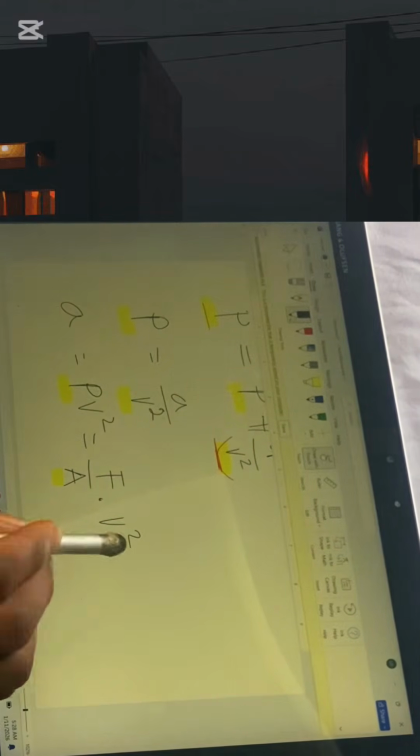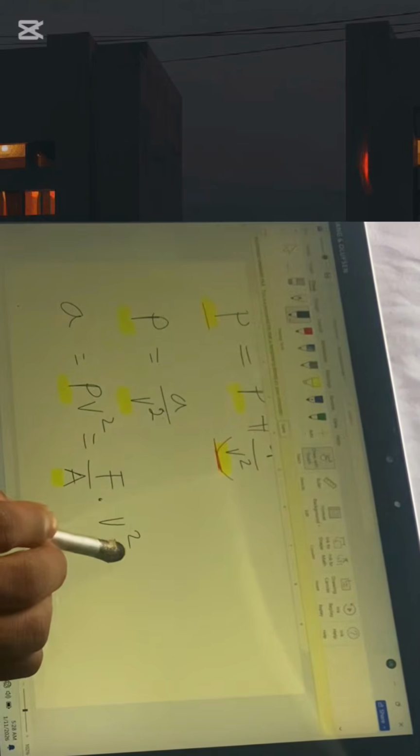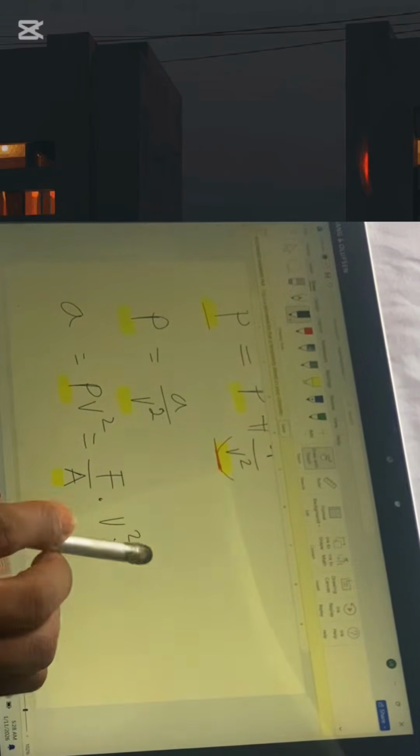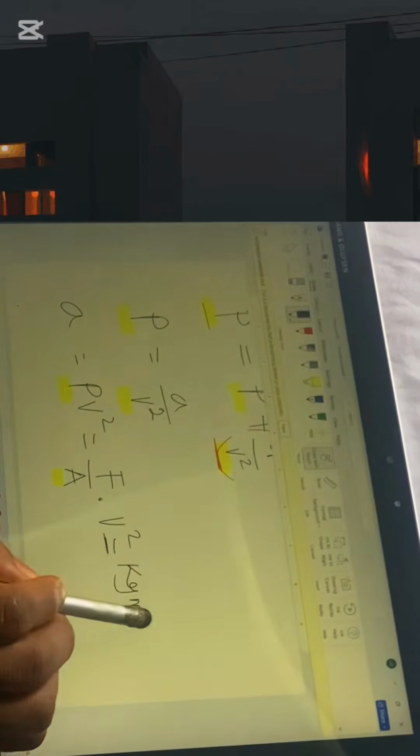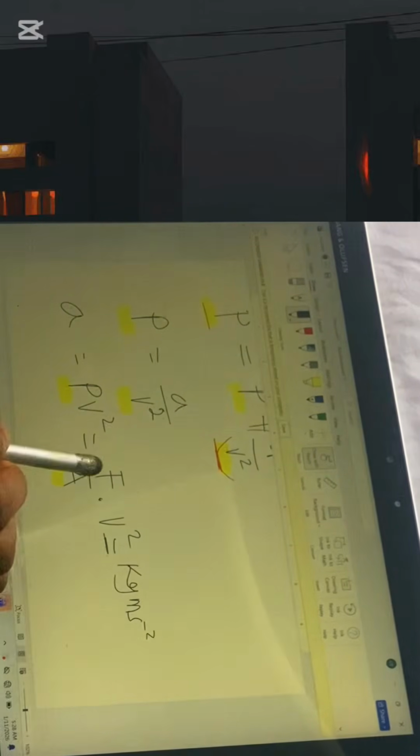So the formula for pressure is force over area. Of course, we know that the formula for force is mass times acceleration, and the unit of mass is kg. So I will have kg meter per second square. That is for this force here.